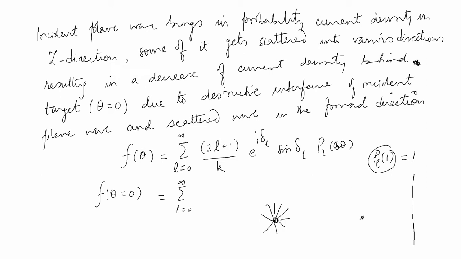Now what I am telling you is that you are putting an object in between the source and the wall. Now when you put an object between the source and the wall, what is happening? Instead of light in the forward direction, what you are seeing is a shadow of this ball on the wall. Is it not?